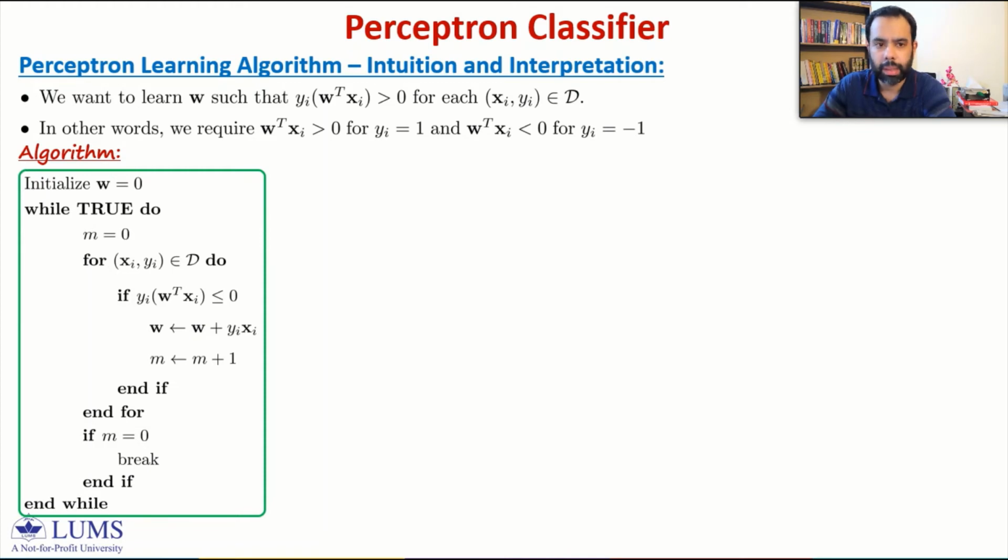Okay, let's analyze this. We make an update when we have misclassification for any point, or when yi W transpose xi is less than or equal to 0.